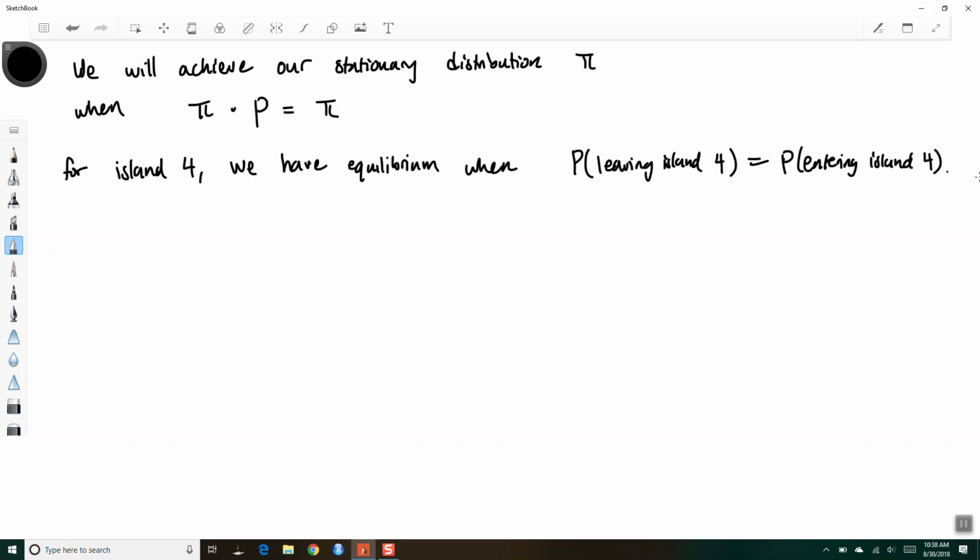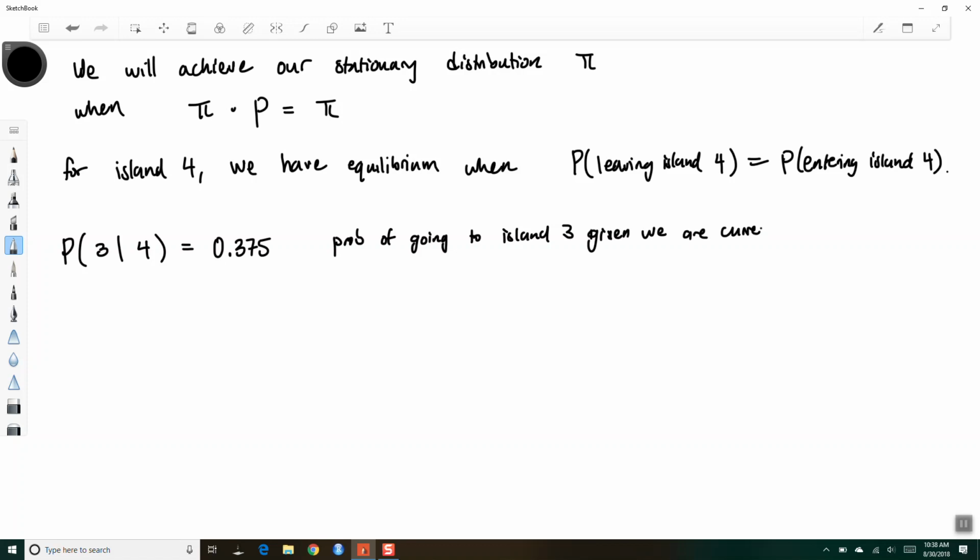Okay, and so we have, I'm going to write the probability of 3 given 4. So this is the probability of going to island 3 given we are currently at island 4.